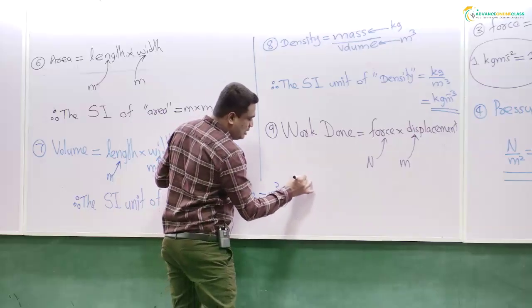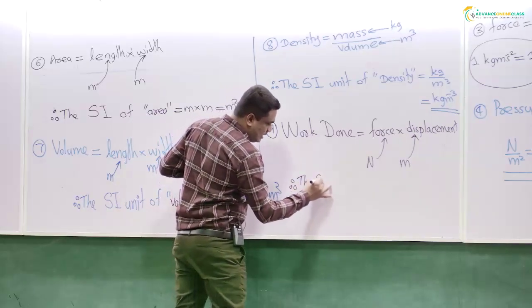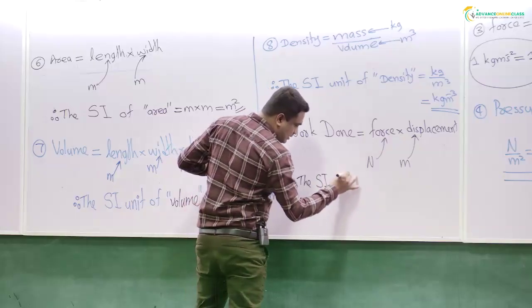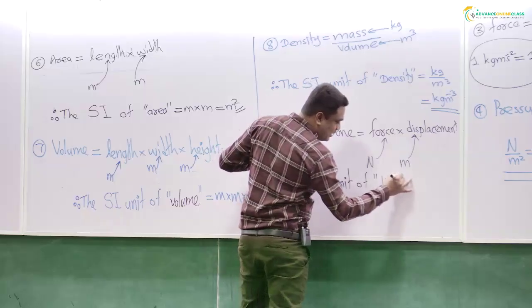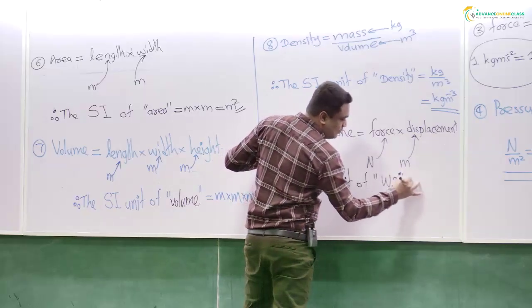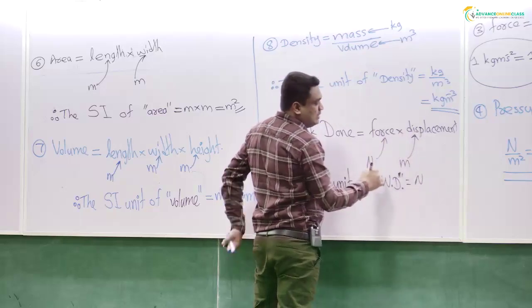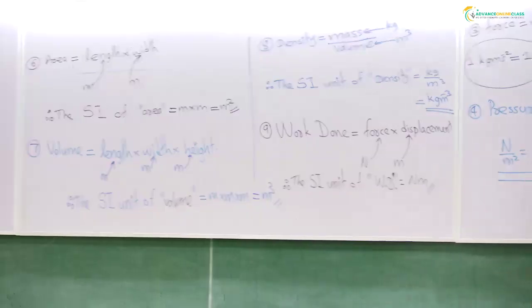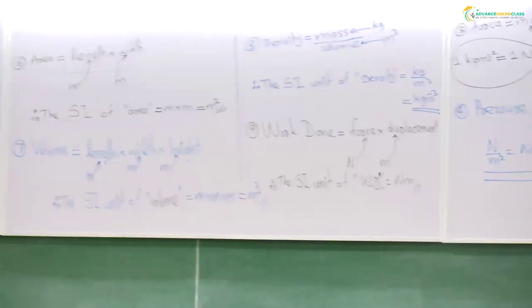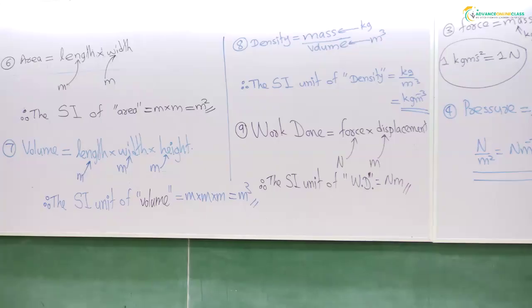Therefore, the SI unit of work done equals Newton into meter, Newton meter. What is the SI unit of work done here? Newton meter. But you must have another work done. What is it there?